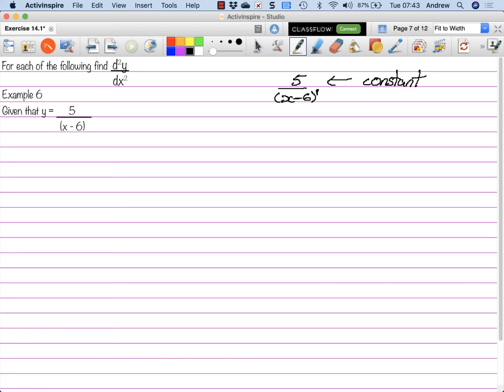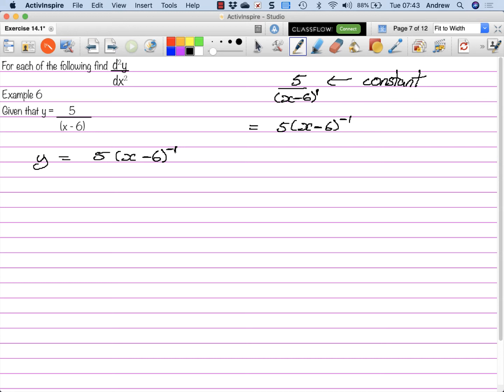What we're going to do is put a power on the outside of the bracket, and bring that to the top. And it becomes x minus 6 to the power of minus 1. So y is equal to 5 on x minus 6 to the power of minus 1.